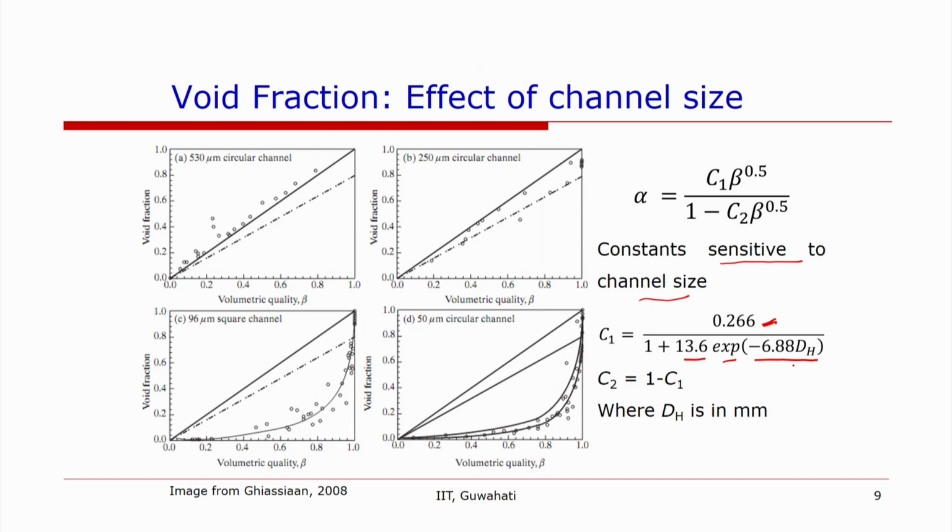6.88 dH, where dH is the hydraulic diameter of the channel. dH is equal to 4 into area of cross section divided by perimeter.